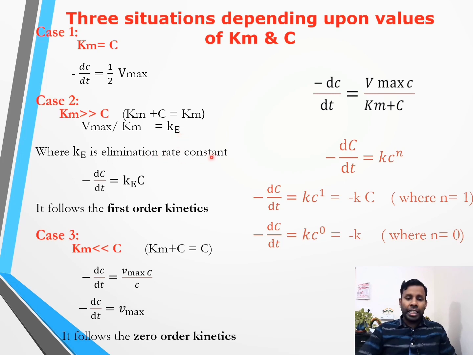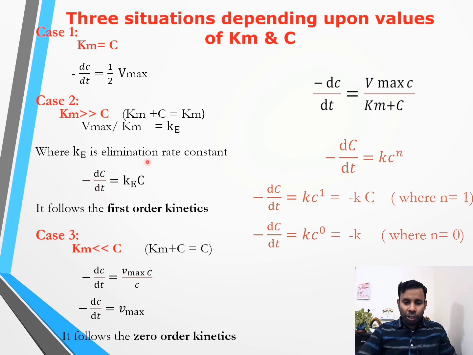Vmax by Km is Ke, the elimination rate constant. So when Km is much more than C, this equation will become minus dC by dt is equal to KeC. Why Ke? Because I have told that Vmax by Km is Ke. So it will be Ke into C. So when Km is much more than C, in case 2, minus dC by dt will be equal to KeC.